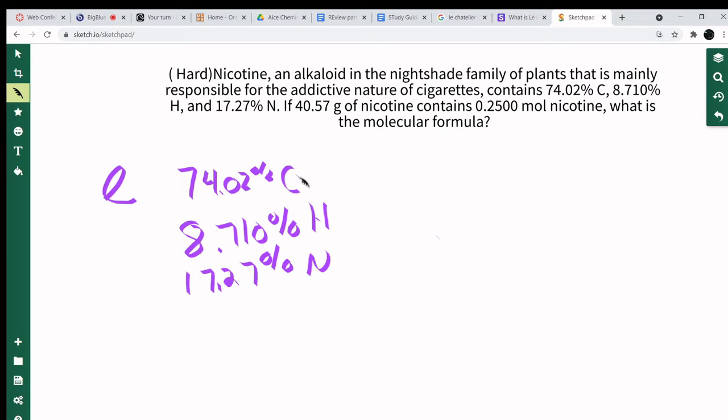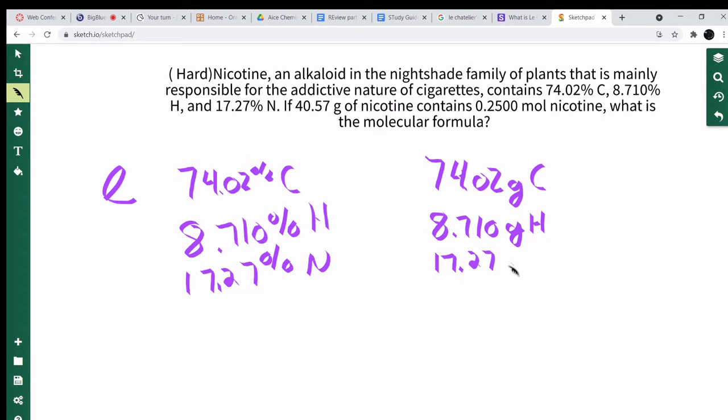Therefore, we're going to go ahead and say, okay, that means that we have 74.02 grams C, 8.710 grams H, and 17.27 grams nitrogen.